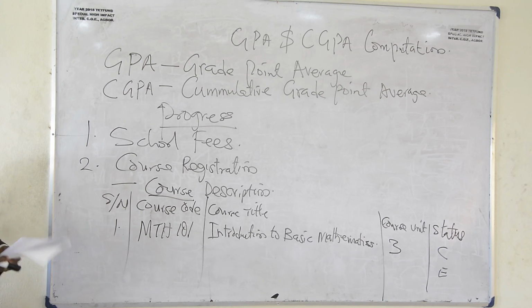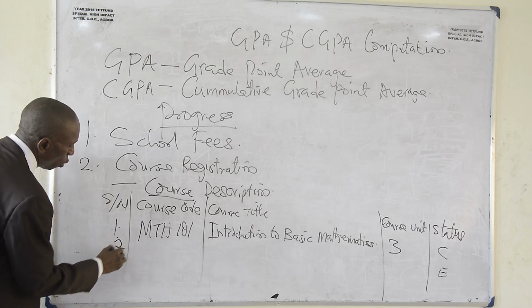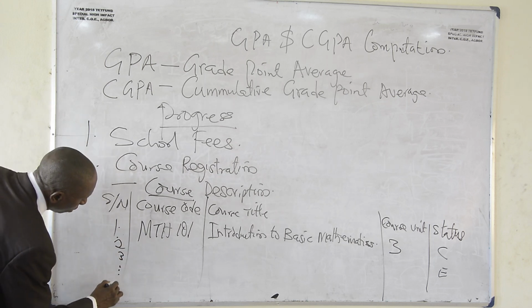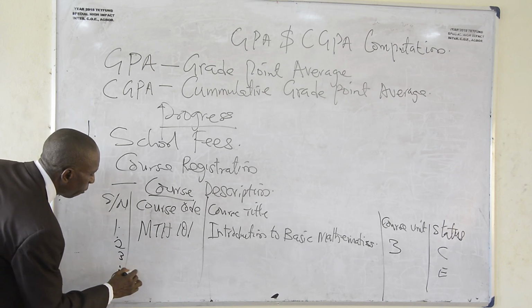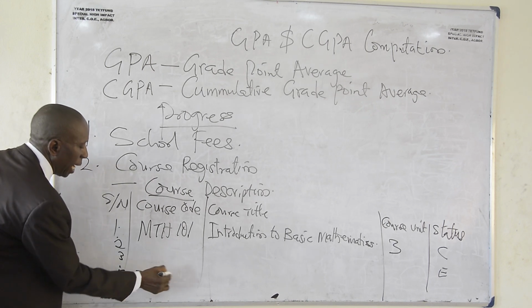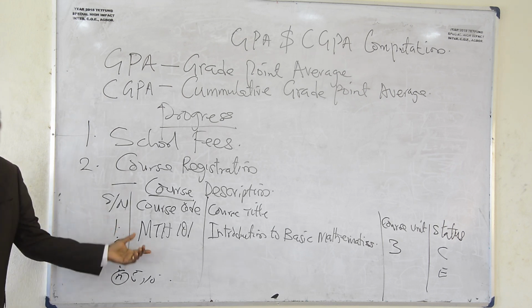Now, in a semester, you may have up to 1, 2, 3, and you put N there. Your N could be 5, it could be 10, and so on. Those are the numbers of courses you are going to register for in a semester based on your department.